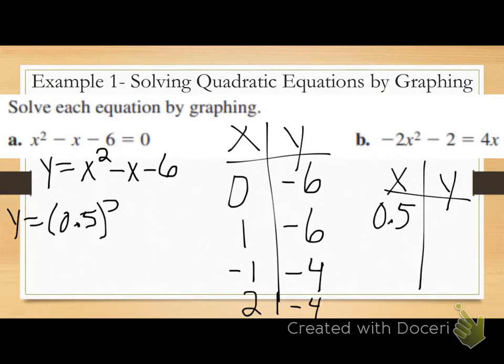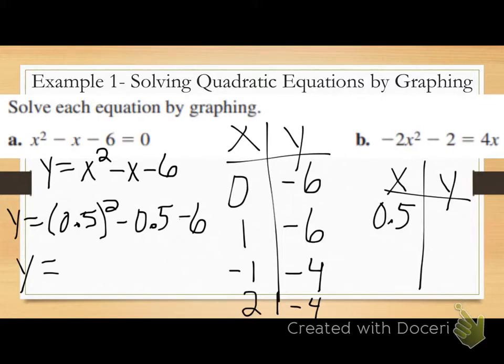0.5 squared minus 0.5 minus 6. You can actually type that in your calculator just like that. 0.5 squared minus 0.5 minus 6 will give me... Do we have to do the parentheses?